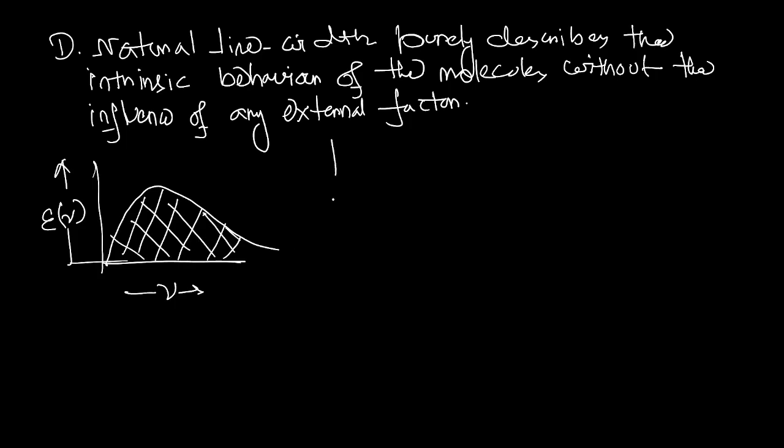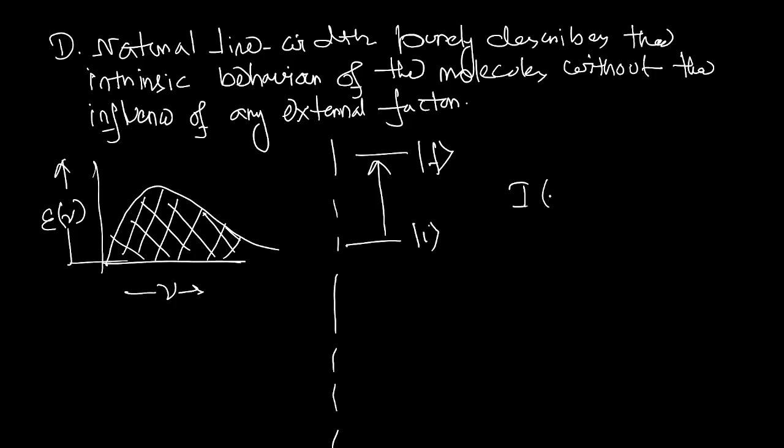So for a natural line width, if we consider the excitation between state i to f, or 1 to 2, the intensity depends on tau, where tau is the lifetime.